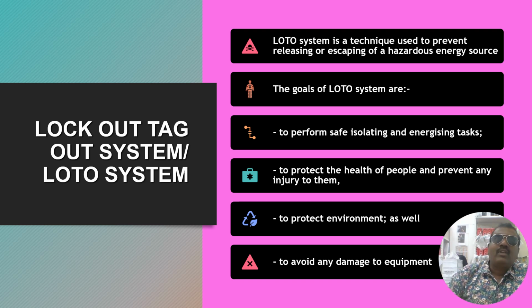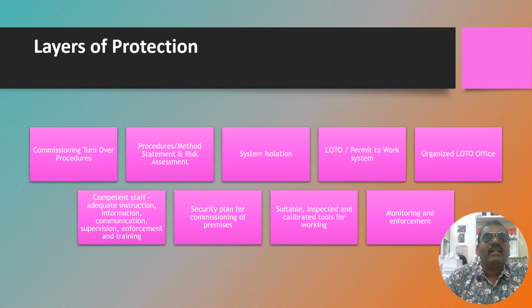So the goals of the system are to perform safe isolating and energizing tasks, to protect the health of people and prevent any injury to them, to protect the environment as well, and to avoid any damage to the equipment. So the workplace should be safe.